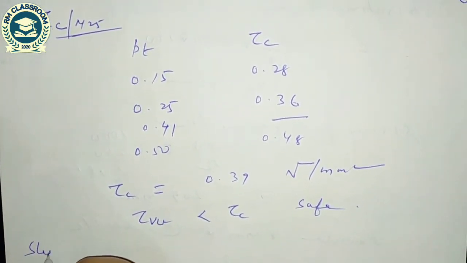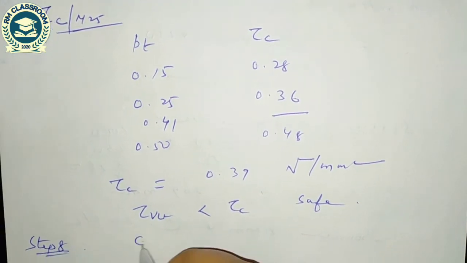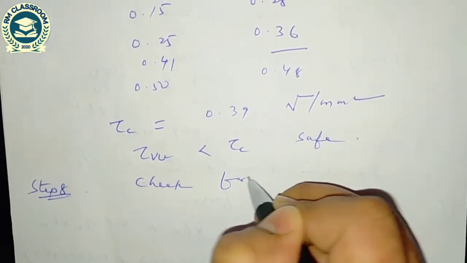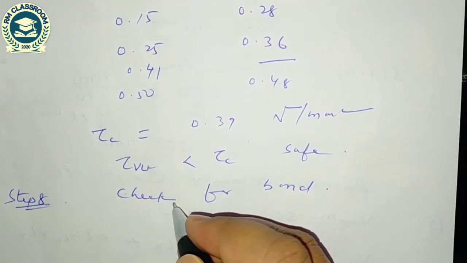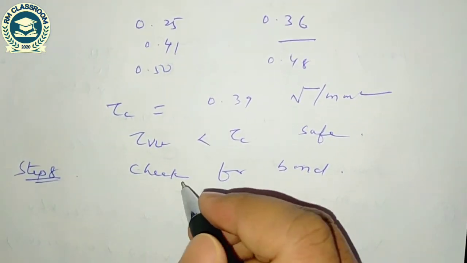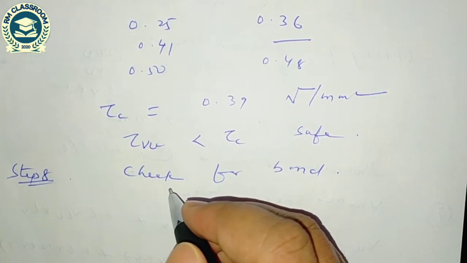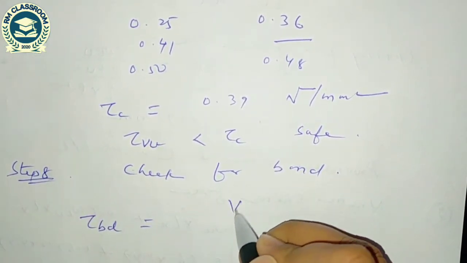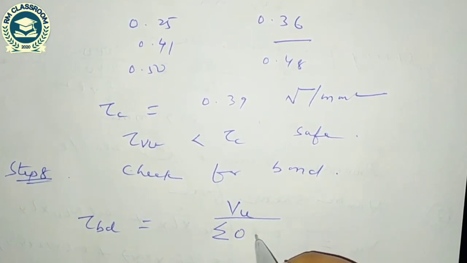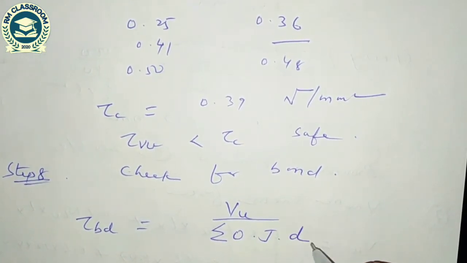Similarly, check for bond. This is optional. So to check for bond, we can compute tau bd is equal to Vu by summation of O into j into d.